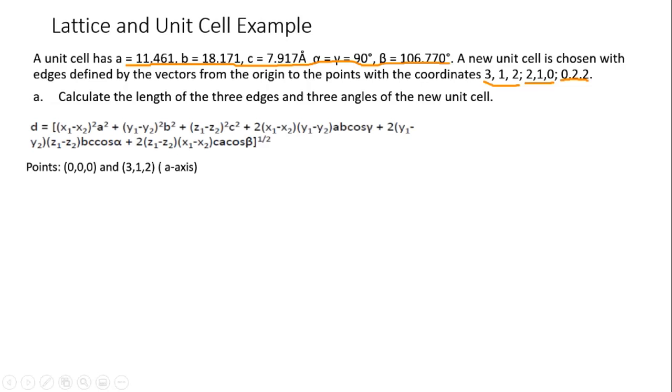So the point 0, 0, 0 is the original a-axis point, and the new point is 3, 1, 2. These are the different coordinates for the a-axis. So if we find the distance between these 2 points, we can find the new length of the a-axis.